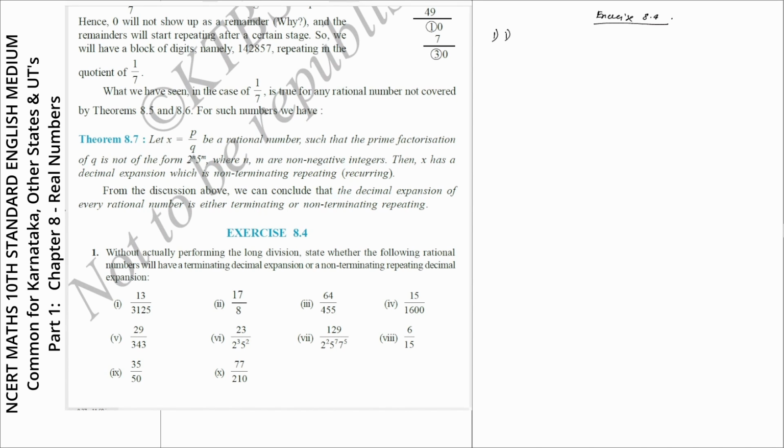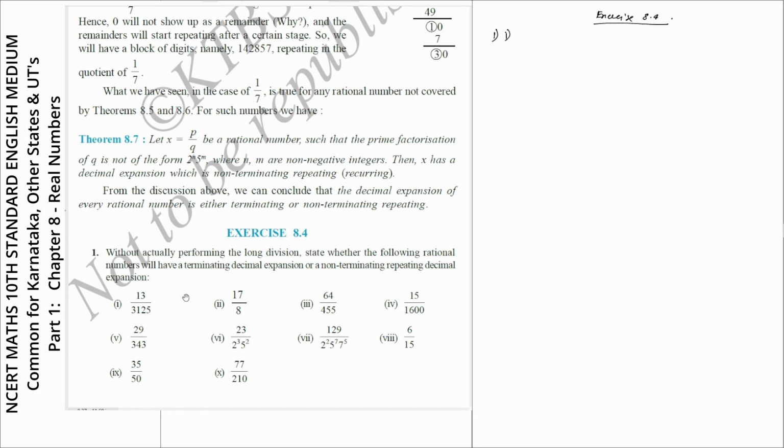Exercise 8.4, question number 1. Without actually performing long division, state whether the following rational numbers will have a terminating decimal expansion or a non-terminating repeating decimal expansion. So here what we should do is, there are rational numbers here, we should check the denominator.